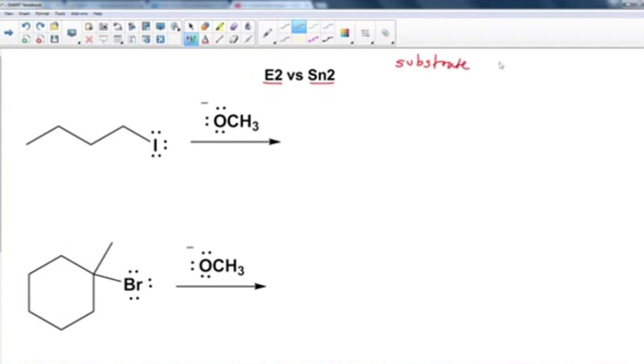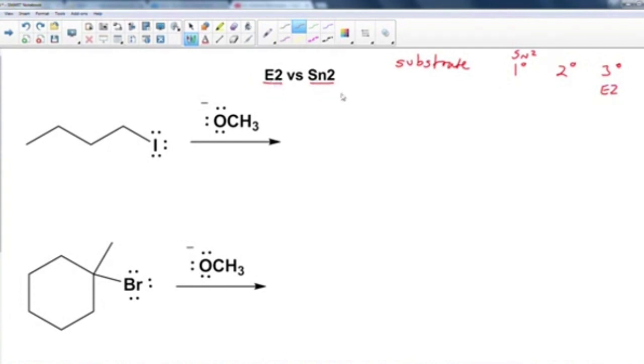In other words, whether it's primary, secondary, or tertiary. And we know that primary substrates, from what we've seen before in a previous video, favor the SN2 reaction, and then tertiary substrates favor the E2 reaction.